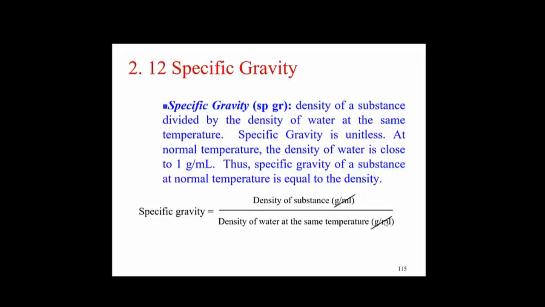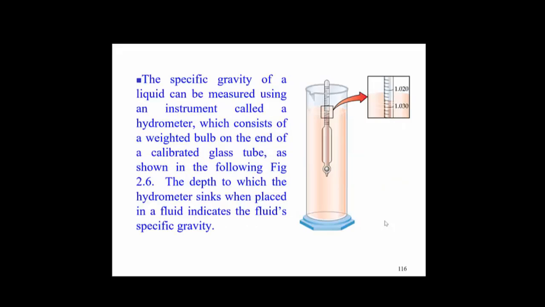You may say, why? Are we crazy? Why do we even define specific gravity when it is numerically the same as density? Here is the reason. It's very easy to measure the density of any solution using a hydrometer. Suppose you want to measure the density of urine.